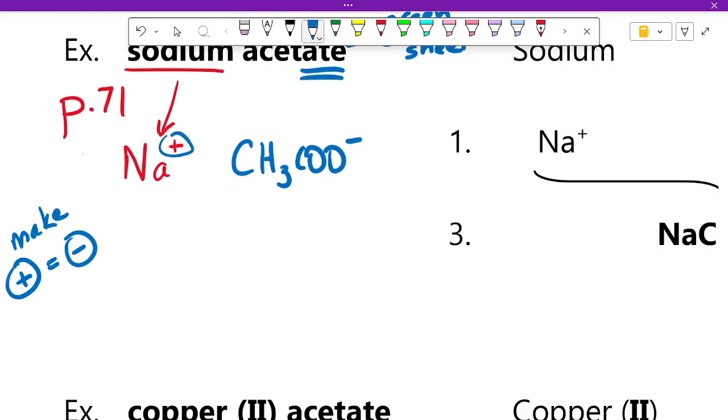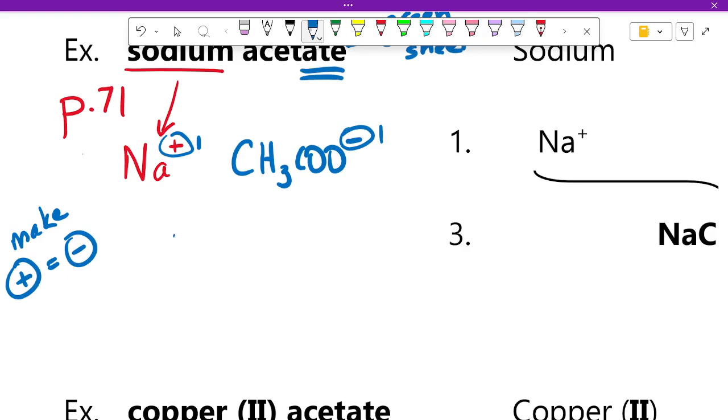Does the positive equal the negative? Plus just means plus 1. Minus just means minus 1. Does the positive equal the negative? Yes, it does. Thank you. I know you guys were telling me already. So we don't need to do anything.